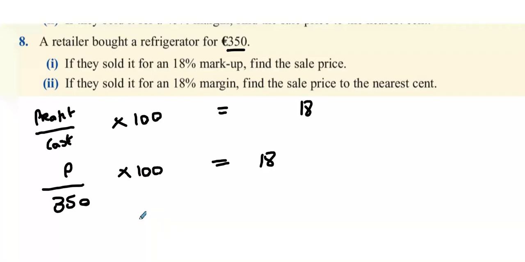So all you need to do here is division of 100. So 18, multiplication of 100 on the left, division by 100 on the right, and then multiply by 350. Essentially, you're getting 18% of 350.